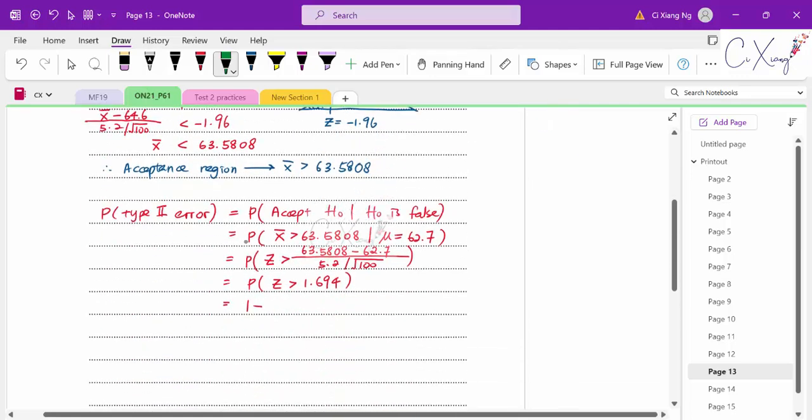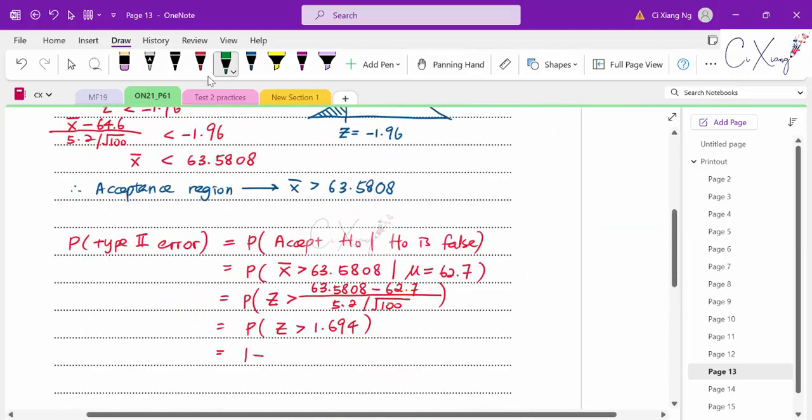Then go back to our calculation part here. You take 1 minus 0.9549, and the final answer should be 0.0451, correct to 3 significant figures.